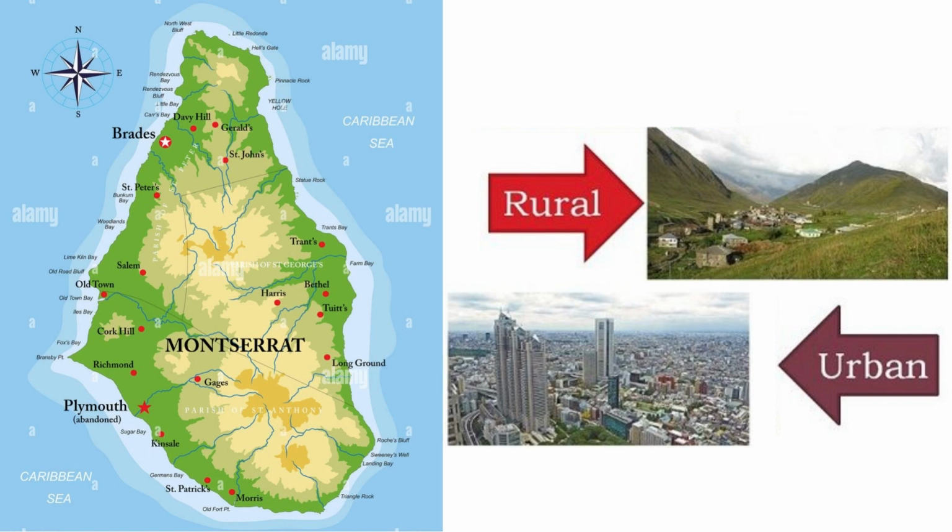So this is typical of all or most Caribbean countries, and therefore it is, or I should say was, the case of Montserrat, with Plymouth being the main urban center.